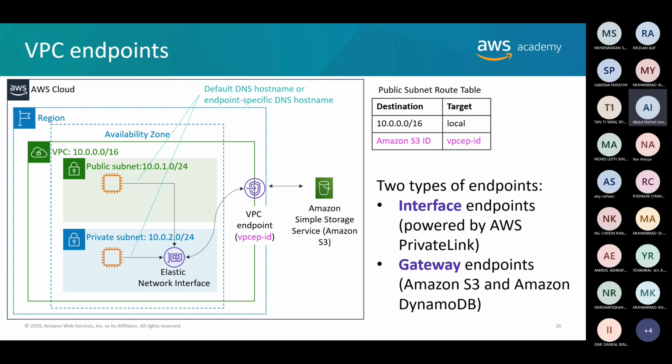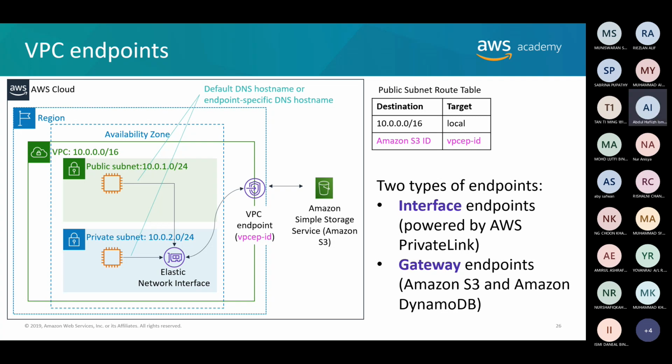So connection to this service does not require an internet gateway, NAT device, VPN connection, or AWS Direct Connect. Instances in your VPC do not require public IP addresses to communicate with resources in the service. Traffic between your VPC and the other service does not leave the Amazon network.